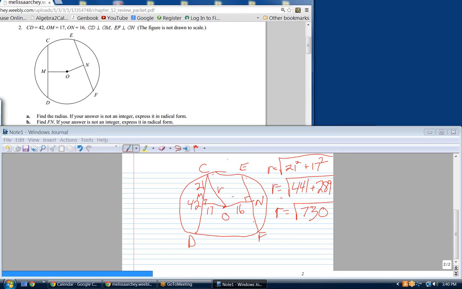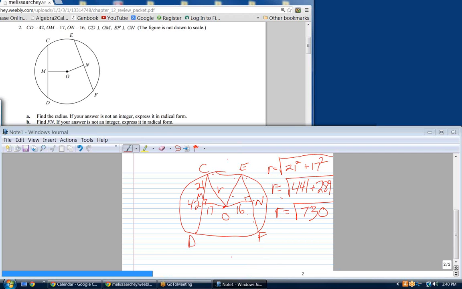For the radius. Right, and then you form another right triangle, and you do the radius squared minus 16 squared. Well, hold on. Did they give us EF? No, they didn't give us EF. So another right triangle. Oh, we know the radius.